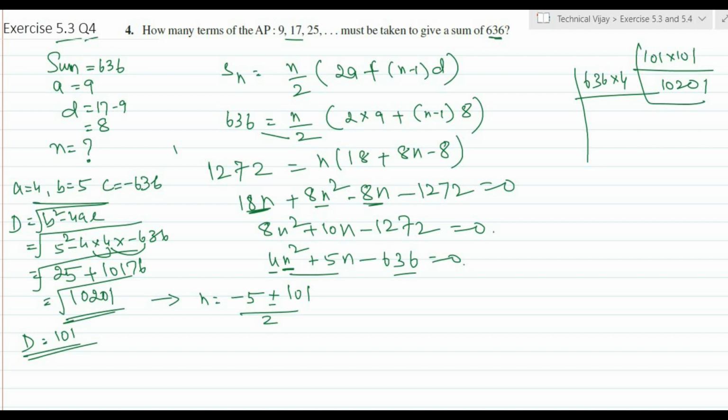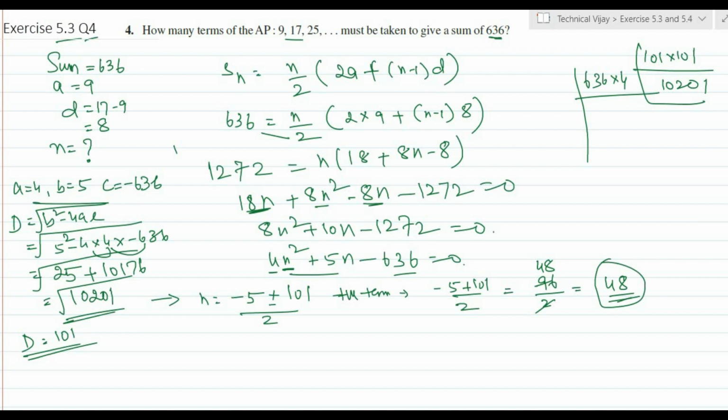So we will consider first the positive term. Okay. Positive term, which is minus 5 plus 101 divided by 2. So here minus 5 plus 101 is 96 divided by 2, which is equal to, 2 1s are 2, 2 4s are 8, so this is equal to 48. So N is equal to 48, one value.